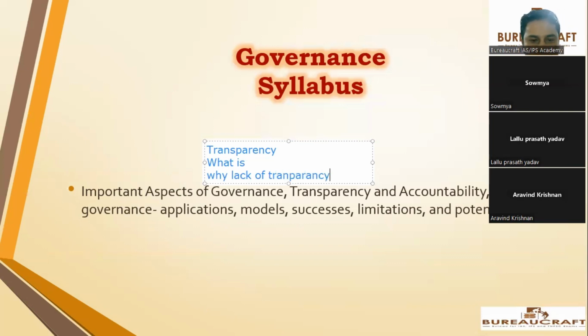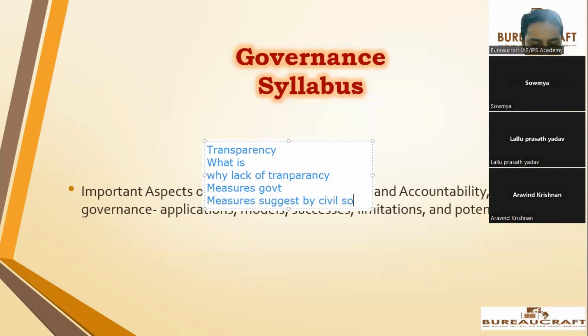What are the measures of transparency that are taken by the government? What measures are suggested by civil society, that is media, associations and all, right? Okay. And if you have any measure, important point, for example, Section 3 of the Right to Information Act says that the government should share maximum information about its functioning.